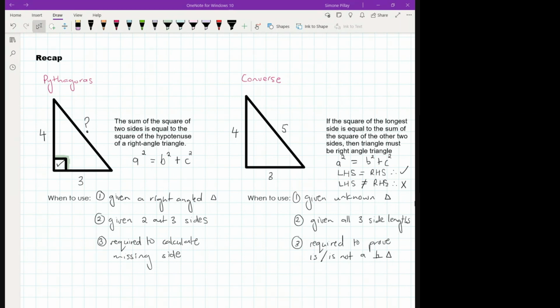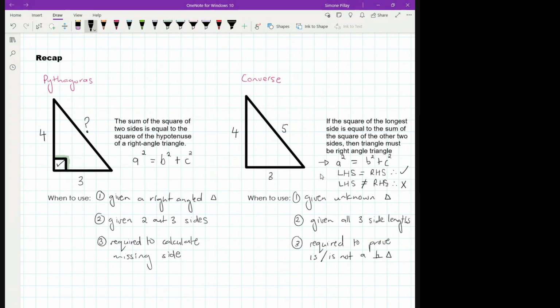Anywho, while we're doing that, I'm going to take it that we understand this. Oh, and by the way, in this converse theorem, your question would be something like, prove whether this triangle is a right angle triangle. What you would do is literally substitute your sides into your formula.